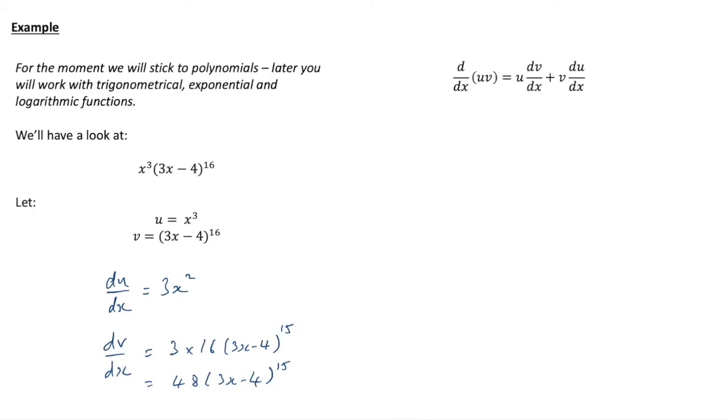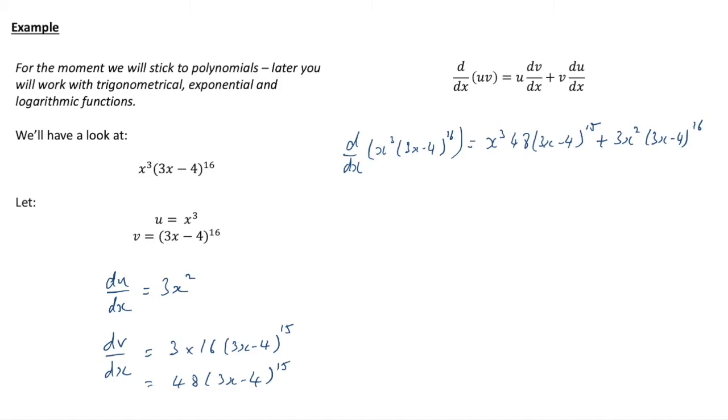Our rule is that when we differentiate uv, we get u dv dx plus v du dx. So all we have to do is plug the various things in. d by dx of our original function, x cubed times (3x minus 4) to the 16, is equal to u, which is x cubed, times dv dx, which is 48 times (3x minus 4) to the 15, plus v du dx.